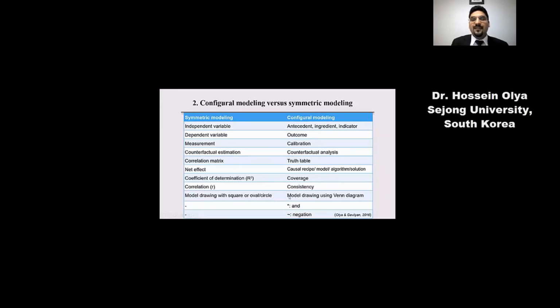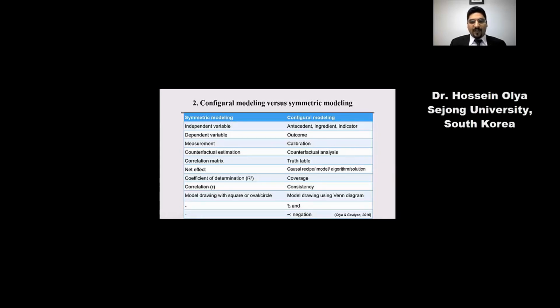Importantly and interestingly, the type of model that you sketch and draw in symmetrical modeling is different in configural modeling. You know that in symmetrical modeling, you use a square, oval, or circle for depicting our model. But here we are using a Venn diagram. I provided some examples, and you will see what a Venn diagram is and how we can draw the model when we apply fsQCA for model testing.